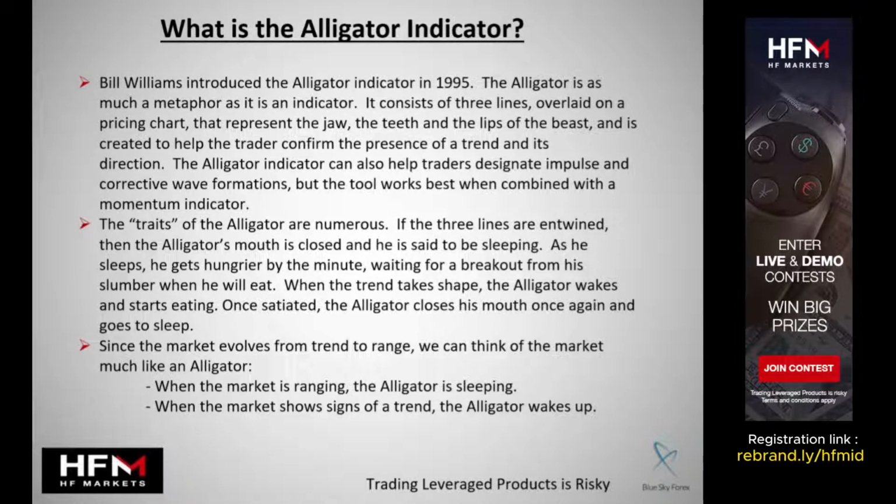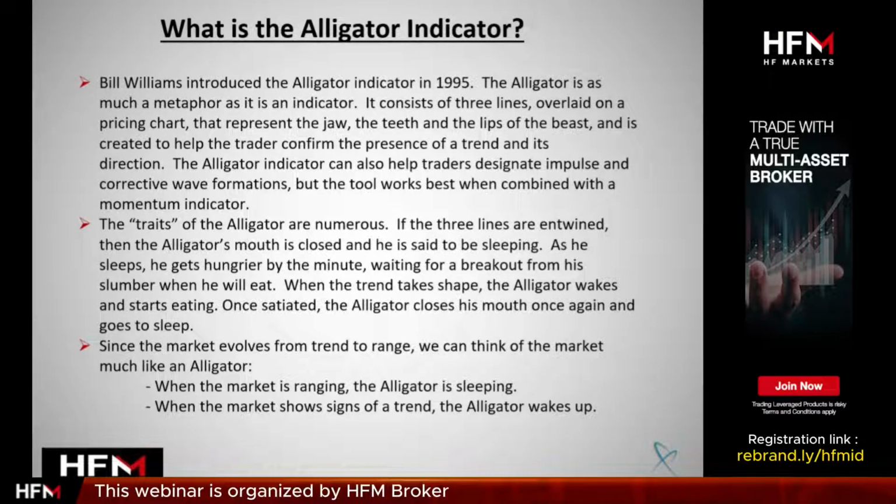Those 3 lines, metaphorically, represent the jaw, the teeth, and the lips of the beast. So these are 3 components of an animal, of an alligator. And these 3 lines are there to help the trader confirm the presence of a trend and its direction. And it is as simple as that.